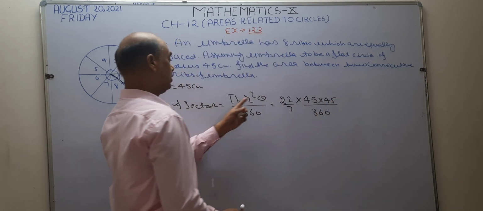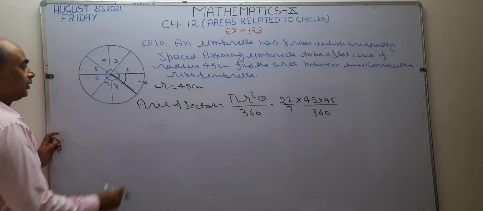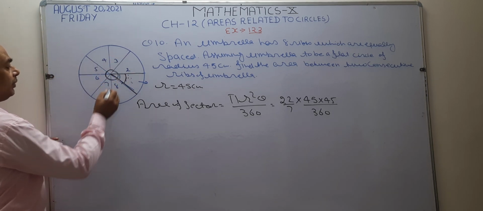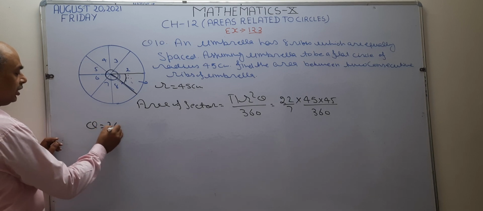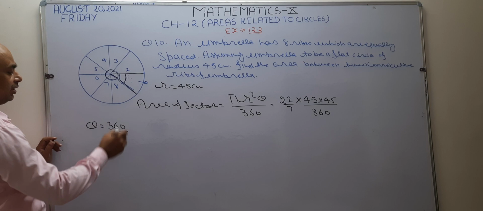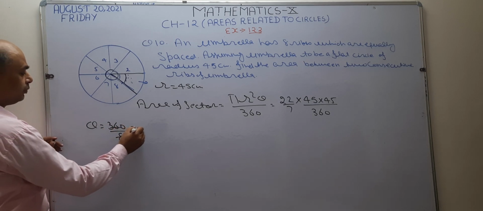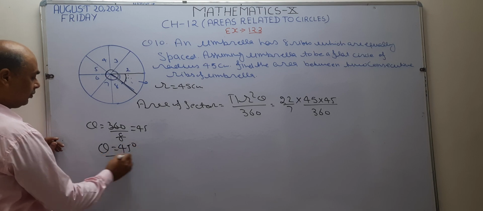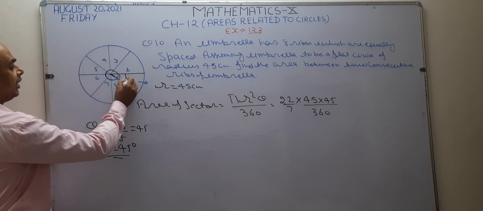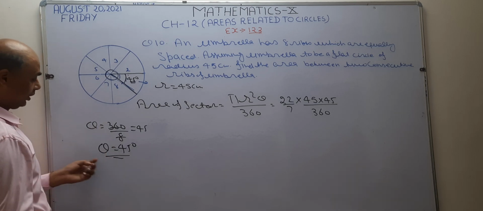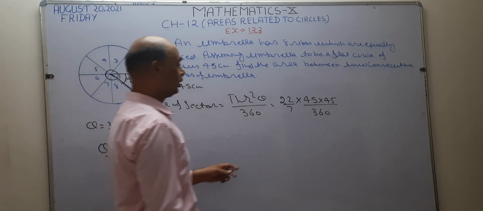Now theta, we are going to find theta. How many sectors are there? 8 sectors are there. And you know that the complete angle is 360 degree. Divide it by 8 because 8 sectors are there. When you divide it by 8, this becomes 45. It means in this question theta becomes 45. Means the angle of each sector is 45 degree. So theta becomes 45 degree.